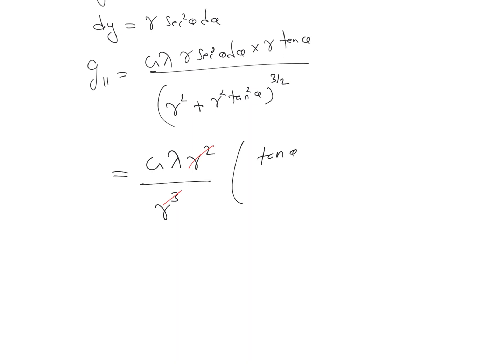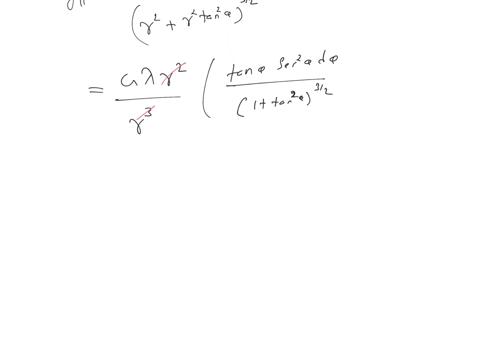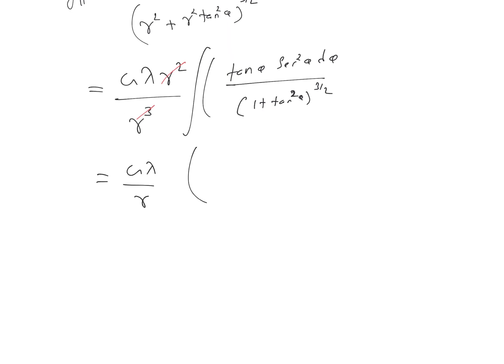The terms tan theta into sec square theta d theta divided by, now the remaining term over here is 1 plus tan square theta raised to 3 by 2. Now same as in the previous case, we can write G lambda divided by r into integration of tan theta into sec square theta d theta divided by 1 plus tan square theta, which is nothing but sec square theta raised to 3 by 2, which is nothing but sec cube theta.